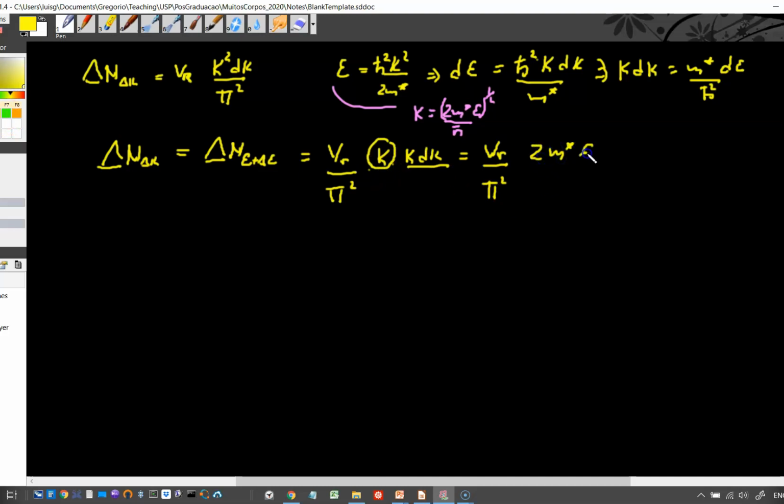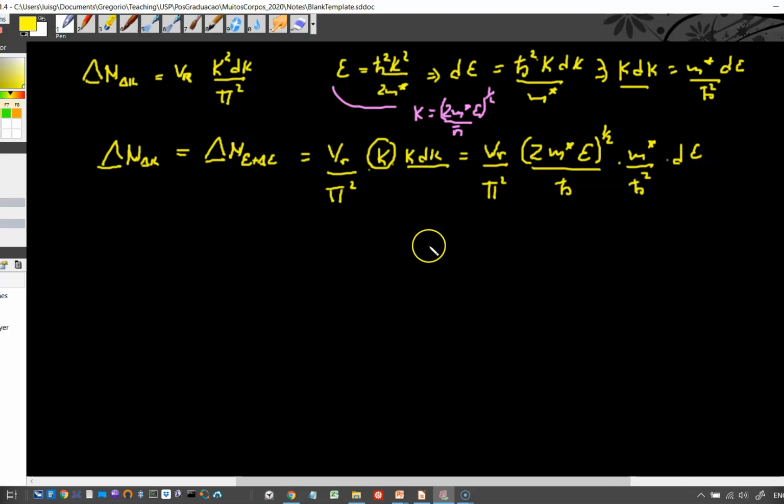So this k here becomes the square root of 2m star times energy, with an h bar here, right? And this k dk comes here as m star over h bar squared times dE.